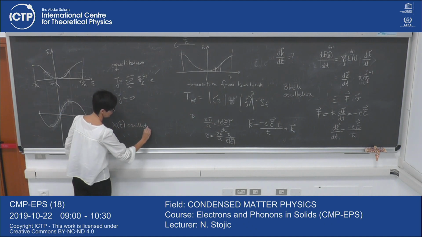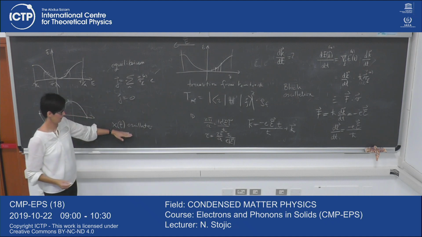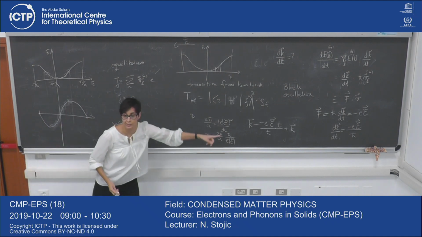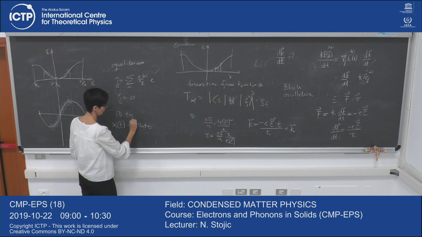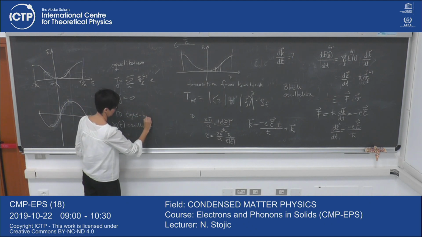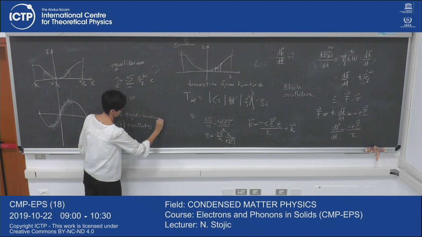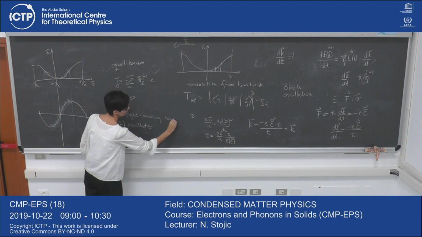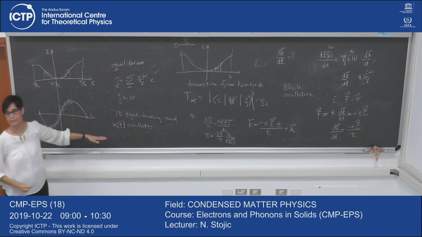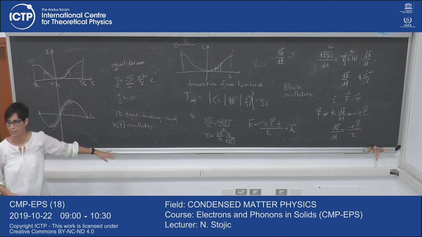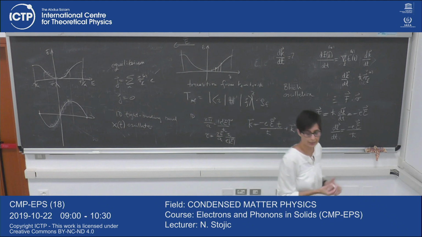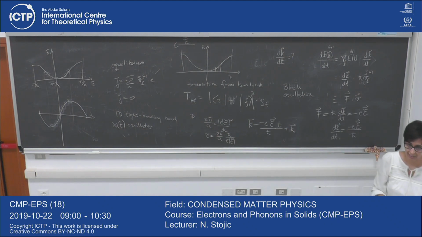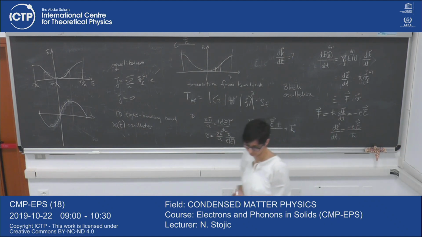So, get the expression for this Bloch oscillation in a 1D tight-binding band, a single band. It really takes 2 minutes. It's a derivative, so it's not difficult to do.